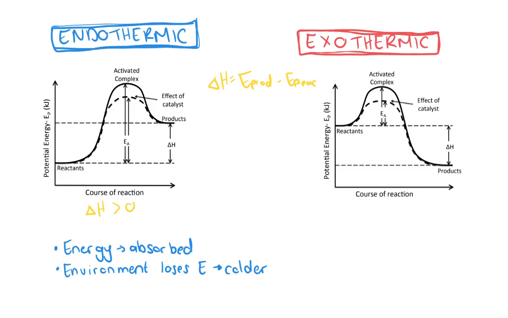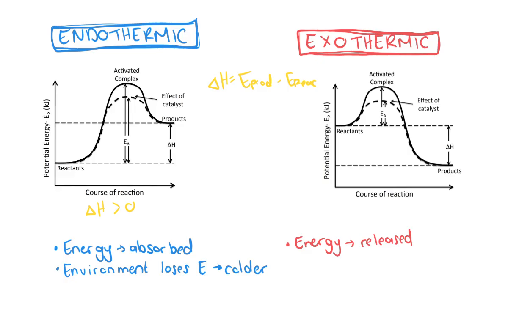While with your exothermic reactions, these reactions release heat energy into the environment. That's why I made it red. So more energy is released than is absorbed. So the net change in energy is energy released from the system.